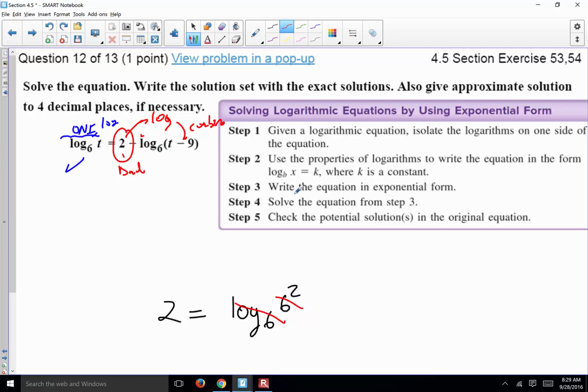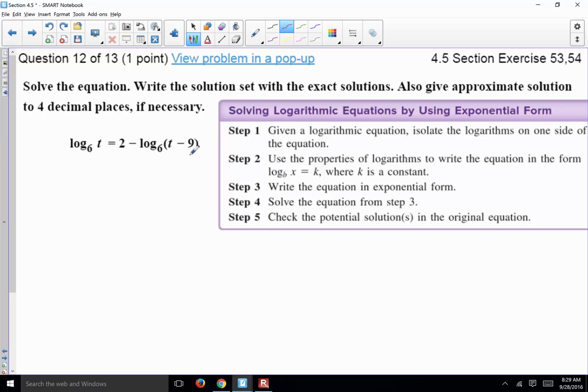However, I'm not gonna do that. I'm gonna show you another trick. If there is nasty stuff next to your log and you cannot isolate it, then you need to bring all logs to the same side. Don't keep them on separate sides. I want to bring this guy to the left and get the number isolated, and the logs come together on the left.